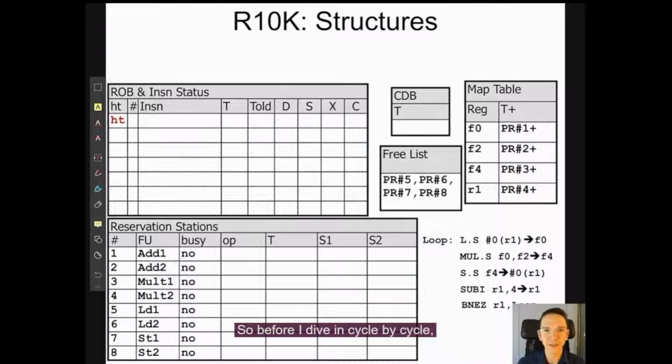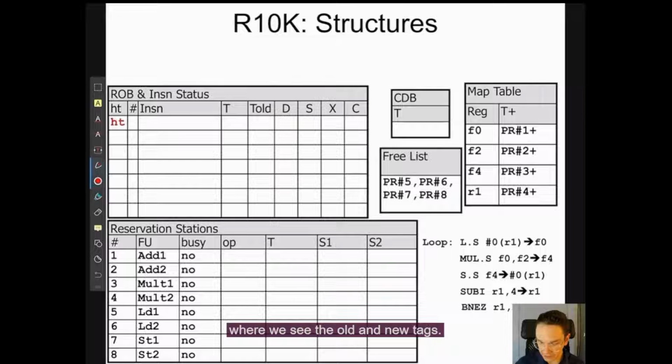Before I dive in cycle by cycle, let's get a quick tour of the structures that we'll be tracking in detail in this example. In the upper left is a combined reorder buffer and instruction status table, where we see the old and new tags for an instruction that is allocated an entry here.